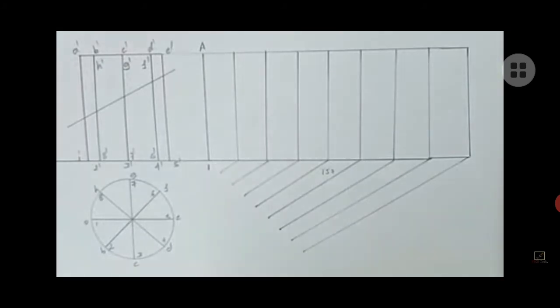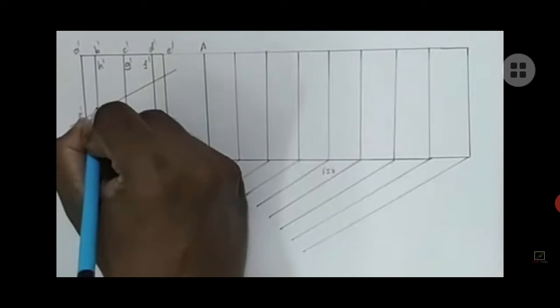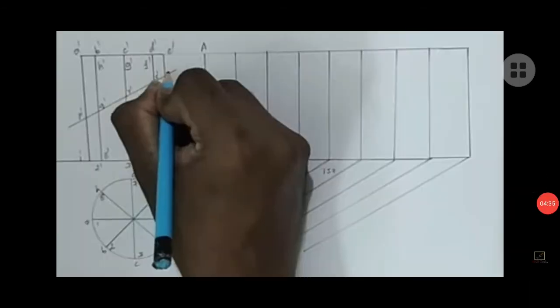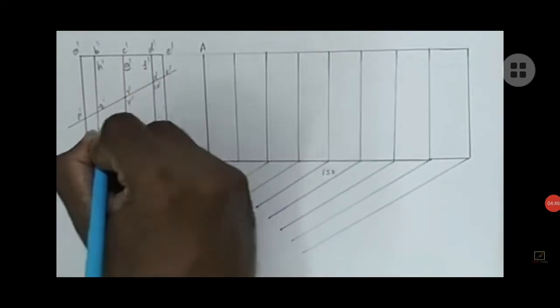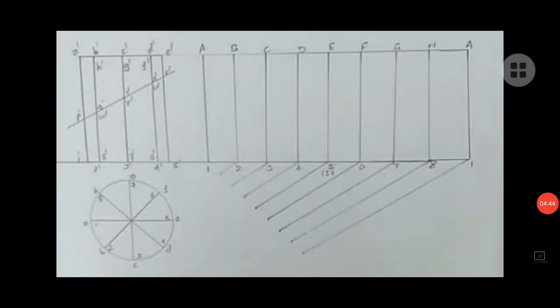Now we get the cut points, marked on the generators as P, Q, R, S, T, U, V and W dash.